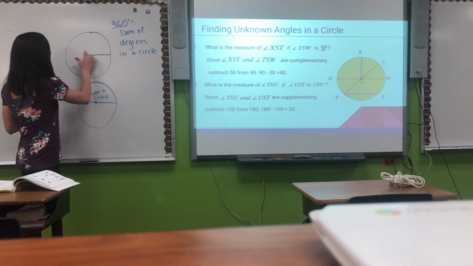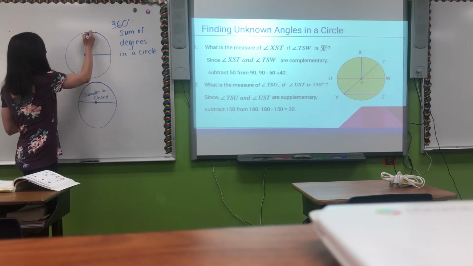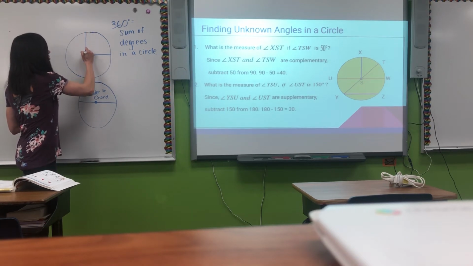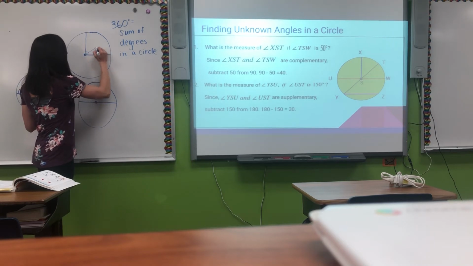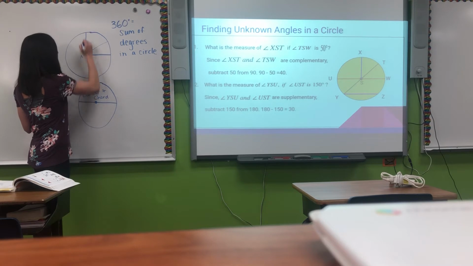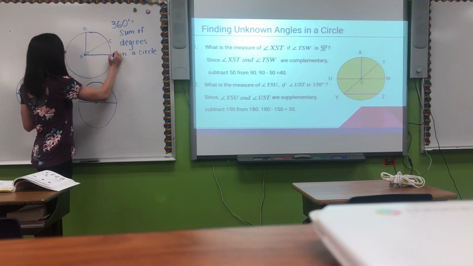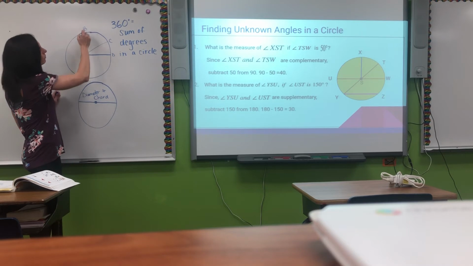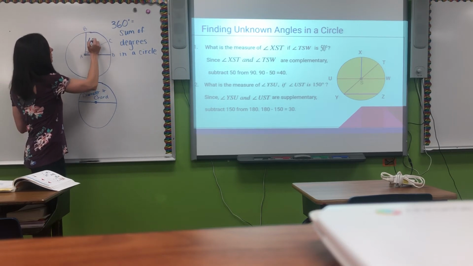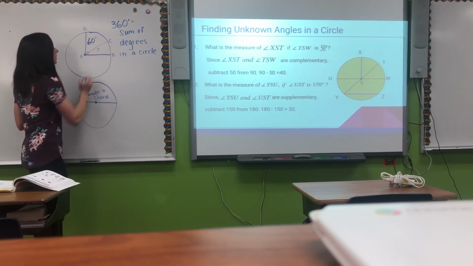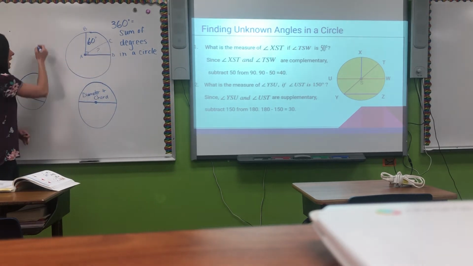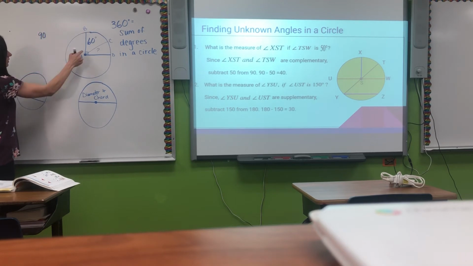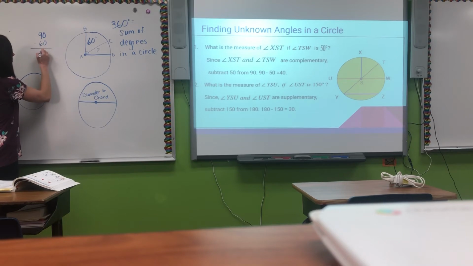So let me draw you one more. You guys can kind of try this on your own, because this will come up on your test and your homework. Okay, if we have a right angle here, and we'll call this A, B, C, D. Okay, if BAC is 60 degrees, and we want to know what CAD is, we're going to do 90, because this is a right angle, minus 60 equals 30.